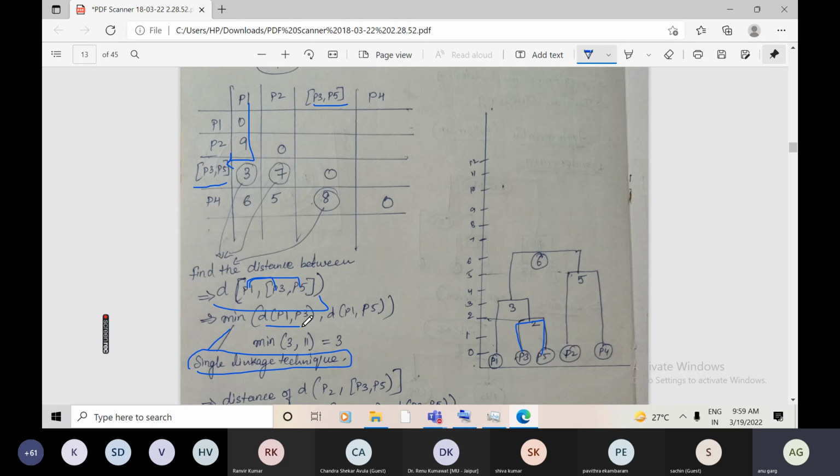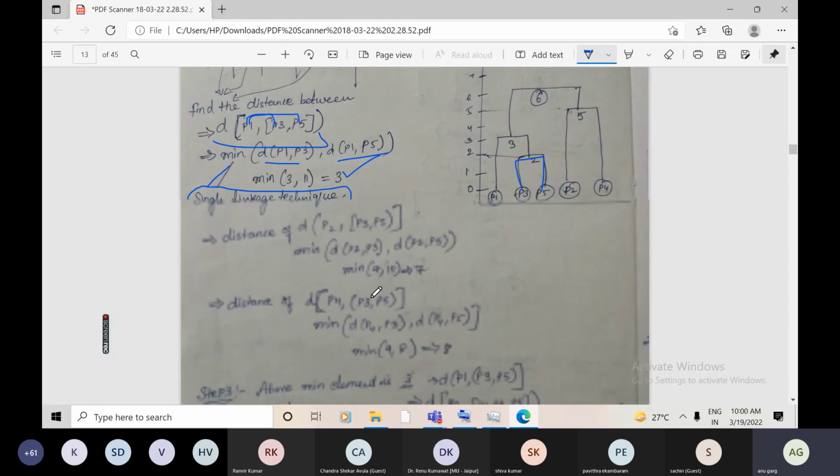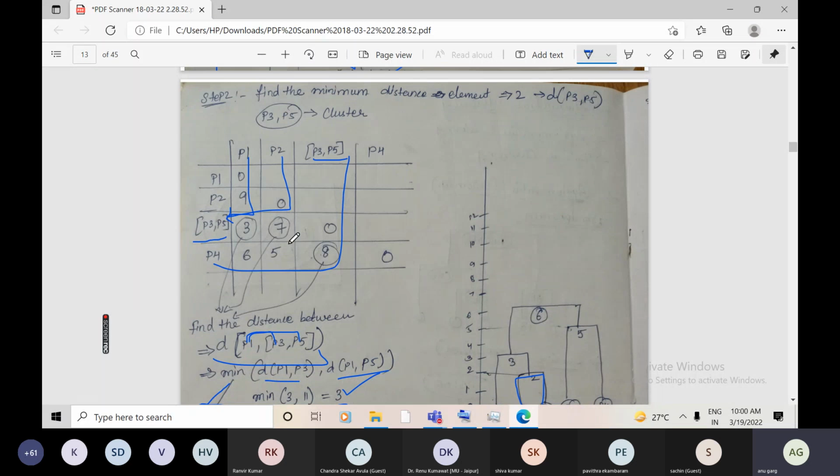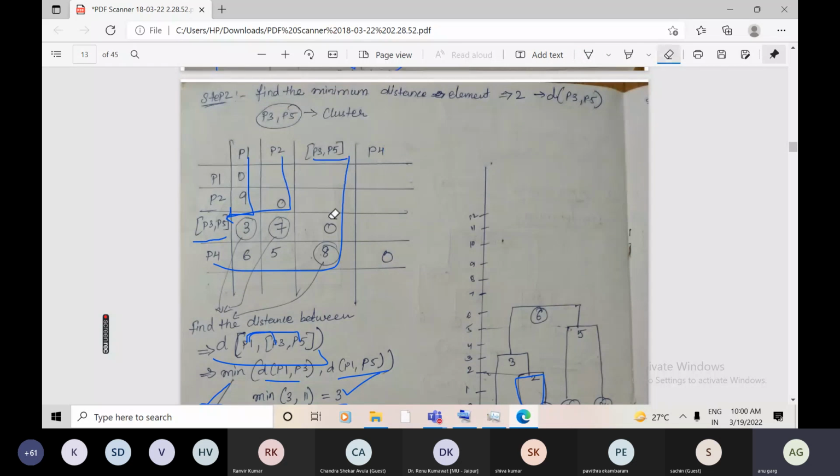Whichever is the minimum, that value you consider as the distance between P1 and P3, P5. So the value will be 3. Similarly, find the distance between P2 and P3, P5, and then P4 and P3, P5. In the same manner, I'm taking the minimum distance for each of these, and I have written down these values 3, 7, 8. Now again, from this matrix, which value is minimum?